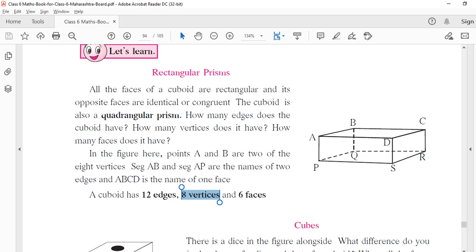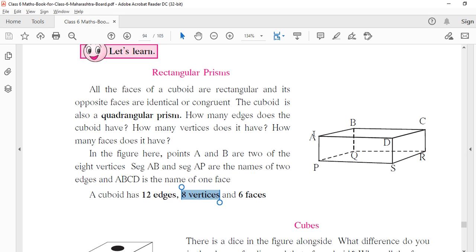Okay, I'll try to name the faces over here. This is quite confusing, so they have written some points to name them. We'll name all six faces one by one. First is APSD. Next is BQRC, second.